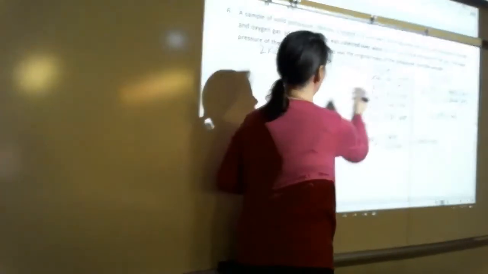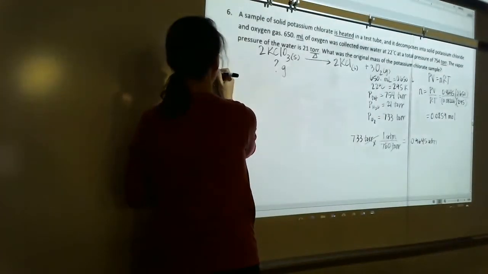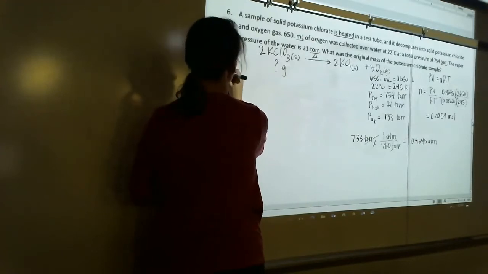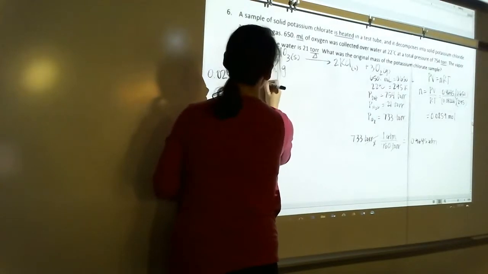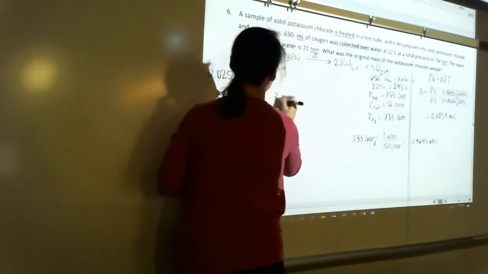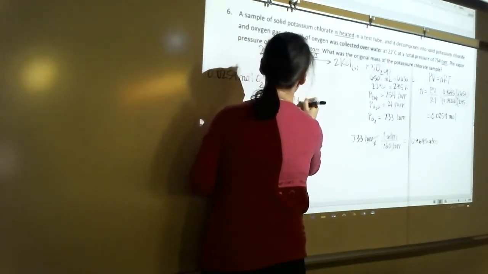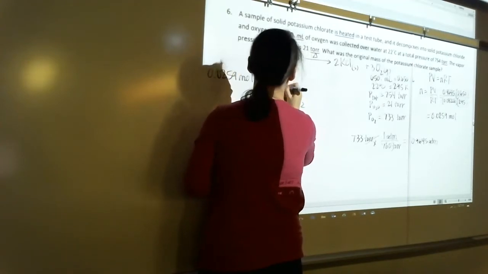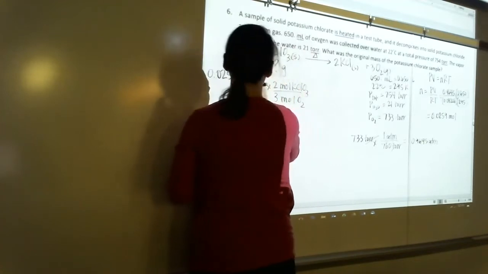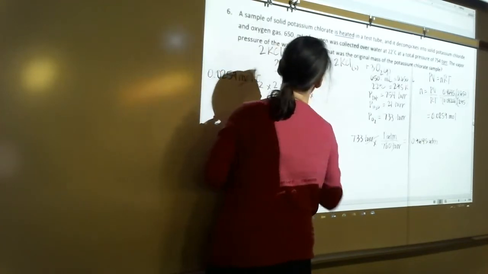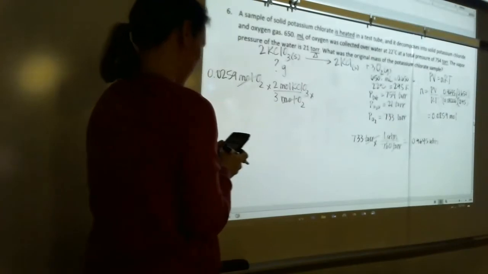So I'm going to work the rest of my problem over here. 0.0259 moles O2. There are 3 moles O2 for every 2 moles KClO3. Run out of room again. Molar mass of potassium chlorate.